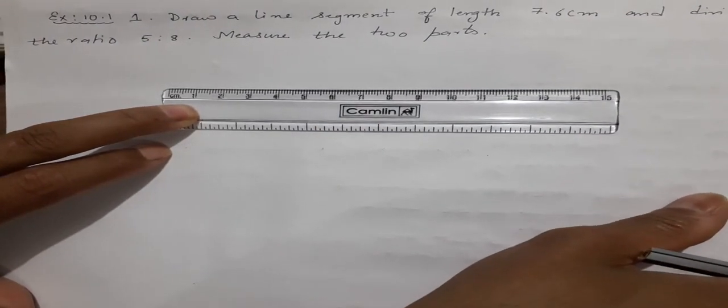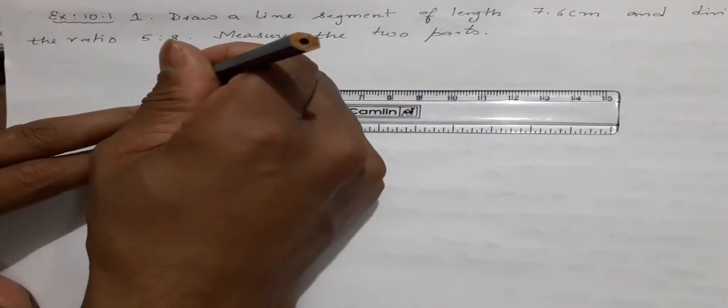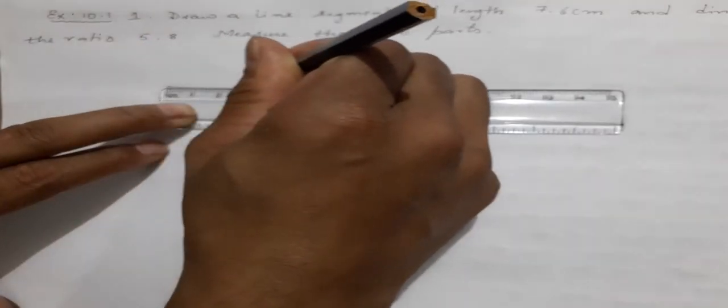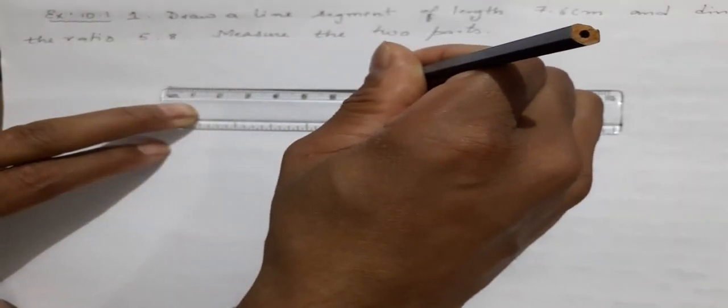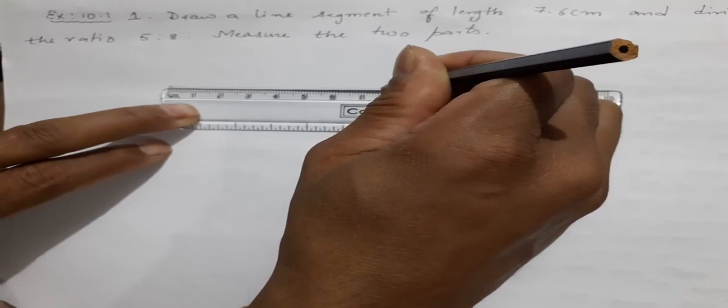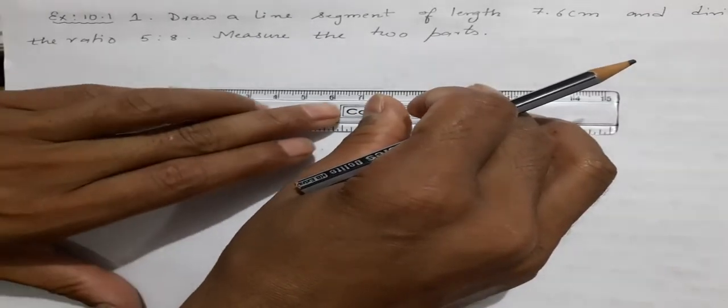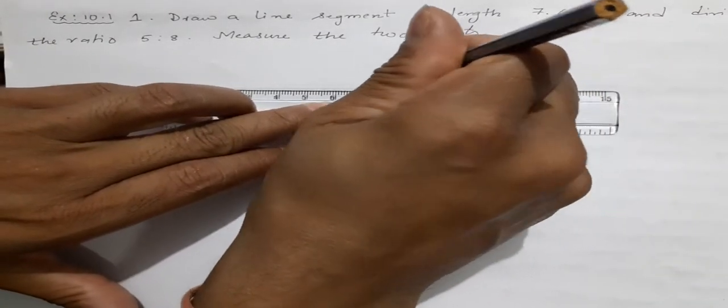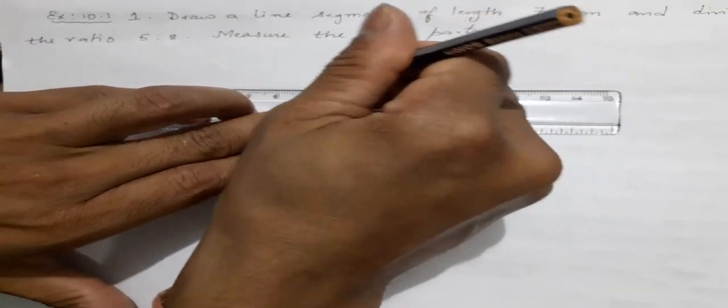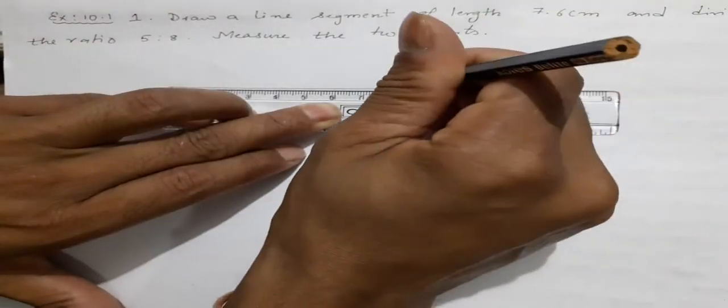So I'll start from 0 here and I'll go up to 7 and a half and a little. Okay, that is 7.6.